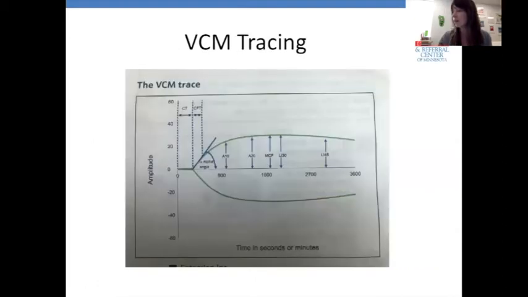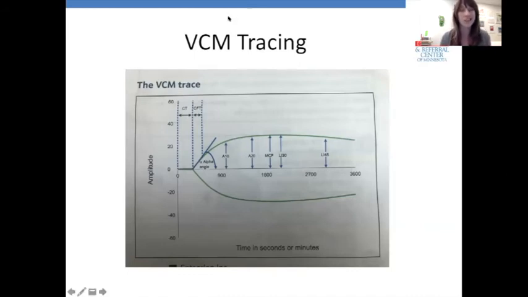And this is the tracing that you'll get in this machine. What I really want to say is that these values are the exact same as the values we went over before. Every company uses different terms. The Rotem uses different abbreviations than this machine, and the TEG uses different abbreviations.